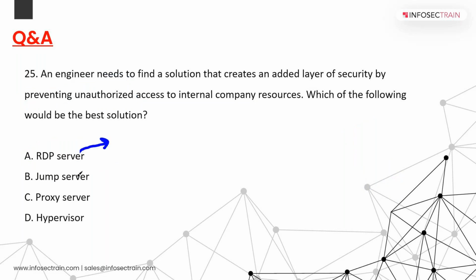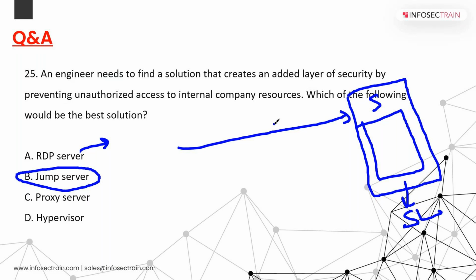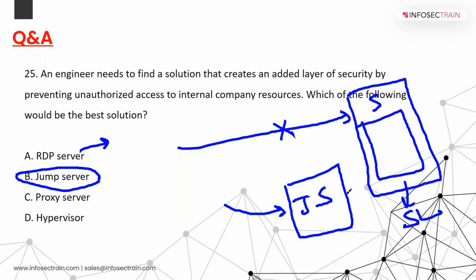Then there is a jump server. If a server is hosted in a secure location, direct communication would not be possible. So you set up a jump server, make a connection with it, and the jump server gives you access to the respective server.